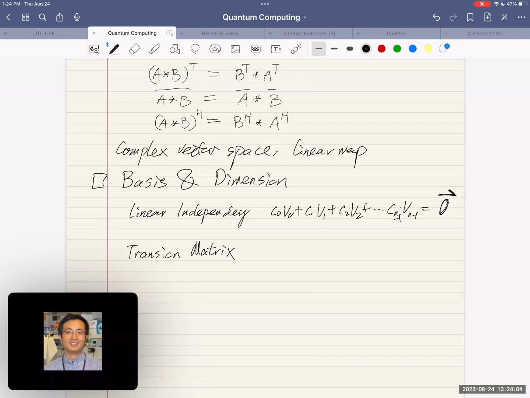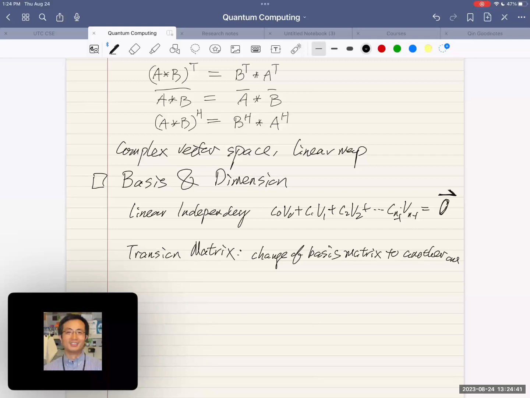It's called transition: a change of basis matrix to another basis matrix.